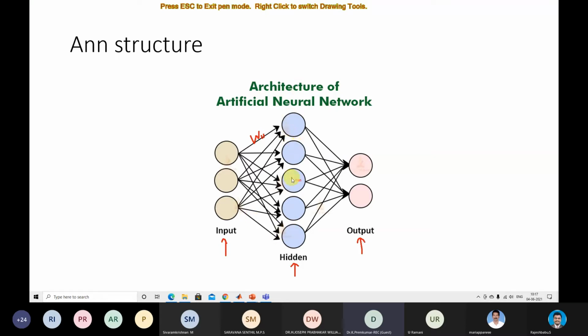The hidden layer has different neurons. So these are known as neurons, right? The neuron also receives another input. One input is the link from the input layer, which has weights, and it also receives another input, the bias.